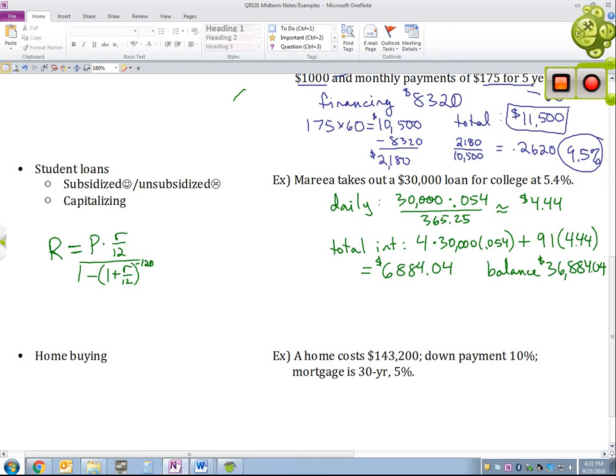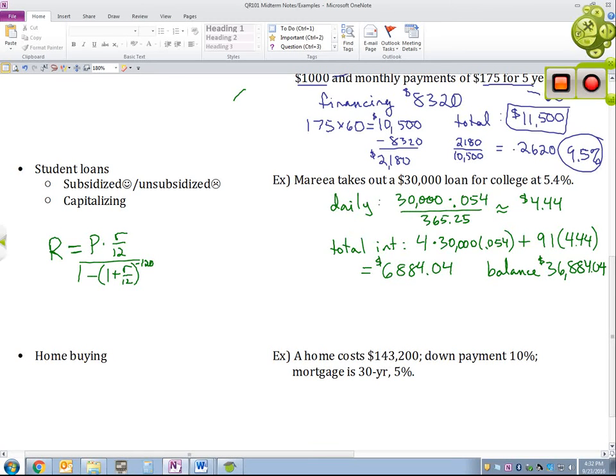The reason we use negative 120 is that 120 is the standard number of monthly payments on student loans, because it's monthly, 12 times a total of 10 years, so that's where the 120 comes from, okay? So anytime you're doing one of these, just assume that it's a standard 10-year loan, okay? So that will be 120. We don't have to change that.